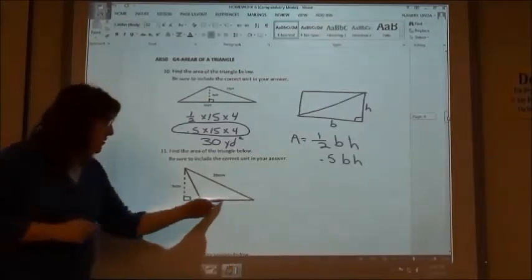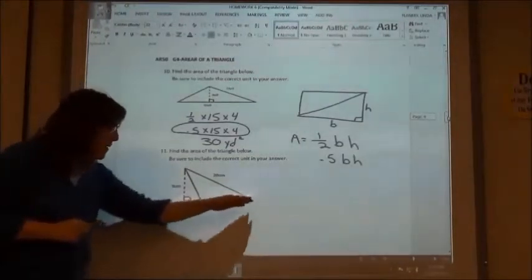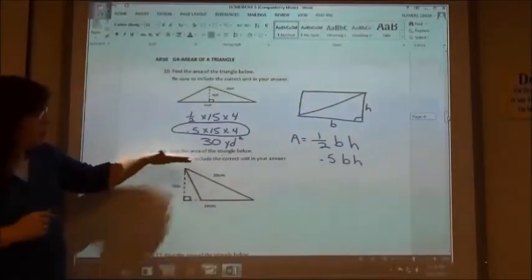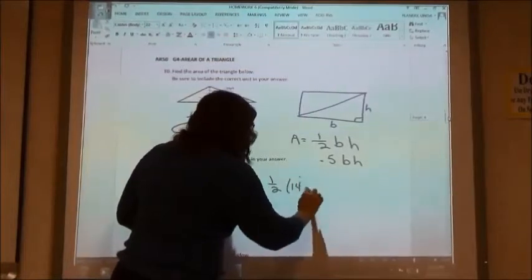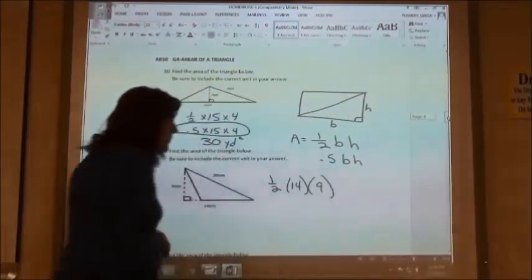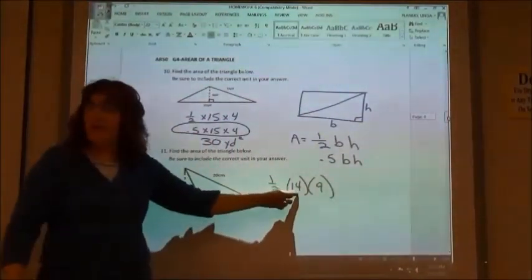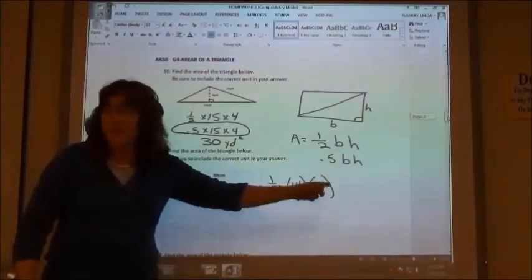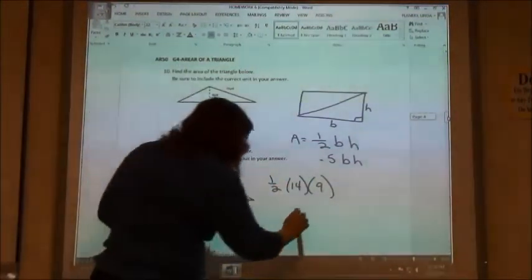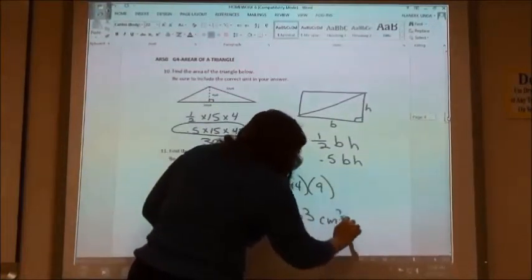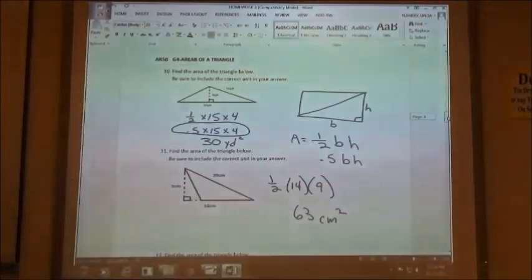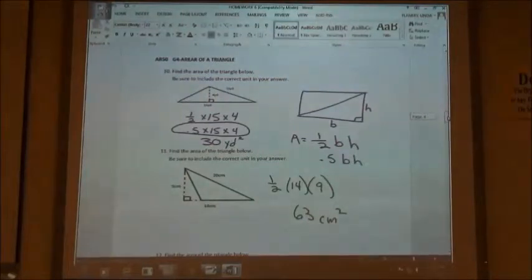There it is. There's my little box. My base is my bottom. My height is how tall my triangle is. So half of 14 times 9. Half of 14 is 7. 7 times 9, 63. And my label, centimeters squared. Area always has squared units.